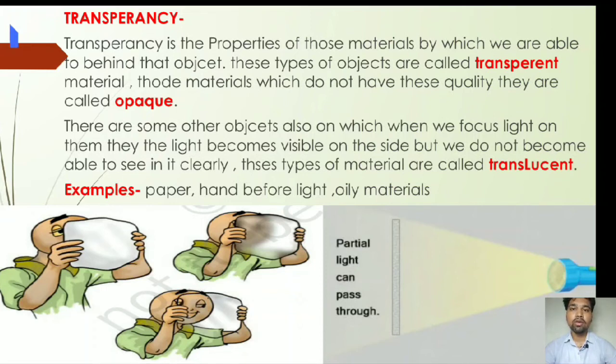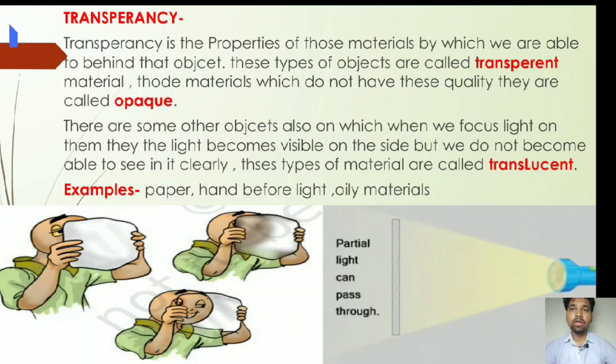You see a box-like corner in front of the shopkeeper, and a wooden frame with a mirror fixed into that frame, and with the help of this mirror we are able to see the objects packed in the box. So these mirrors are basically transparent objects.